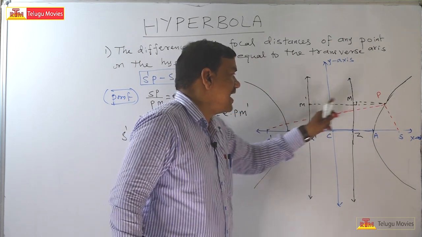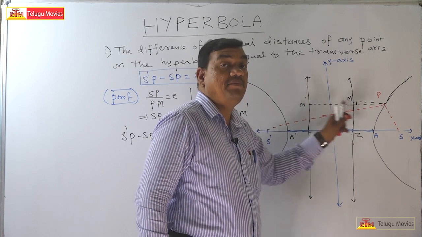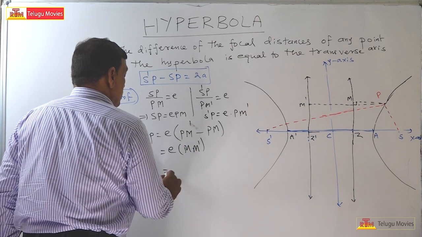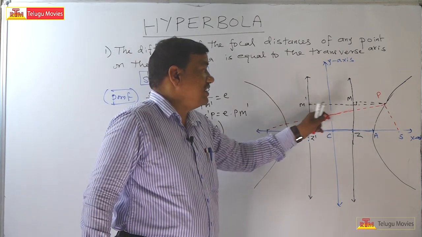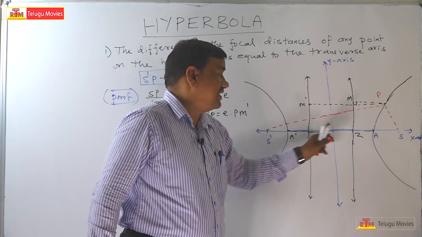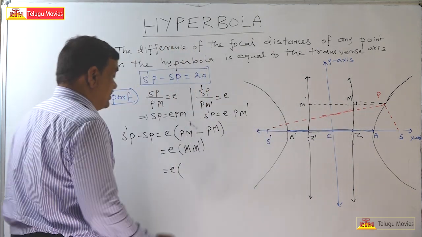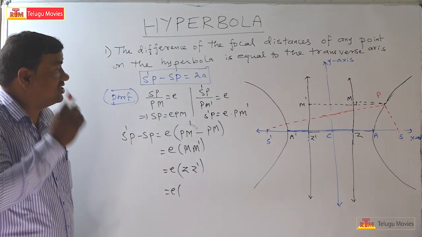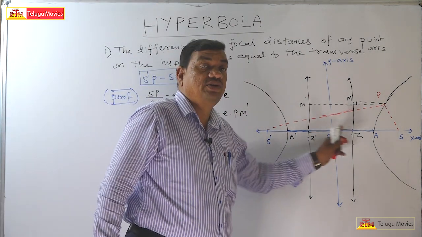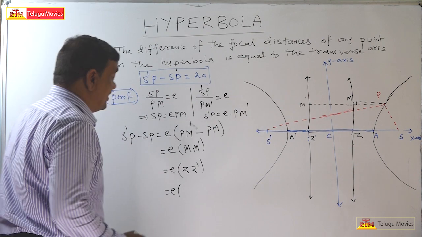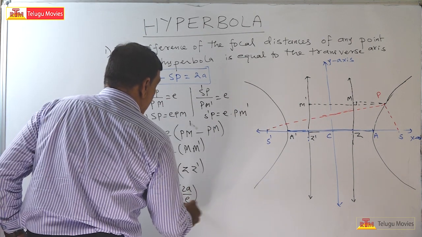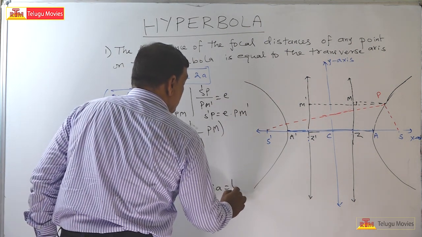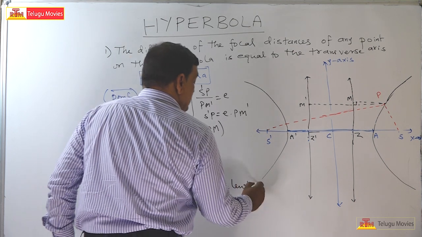See here, PM' minus PM is nothing but MM'. So e times MM'. e into MM' is nothing but ZZ', the distance between the directrices. We know that distance is 2a by e. So e gets cancelled, and 2a is nothing but the length of the transverse axis.